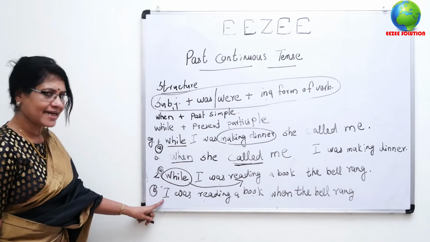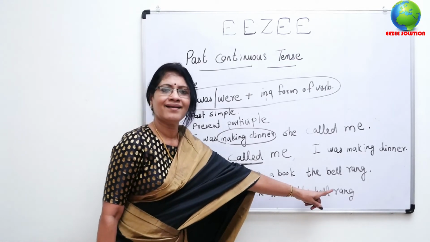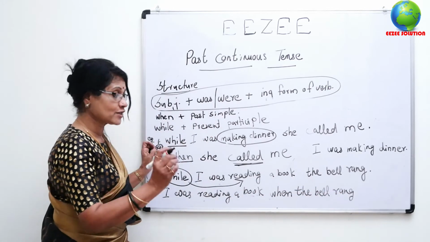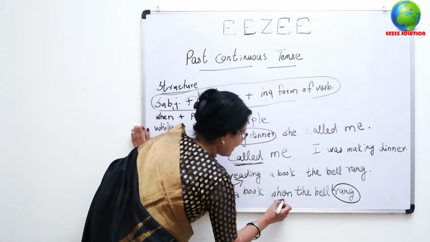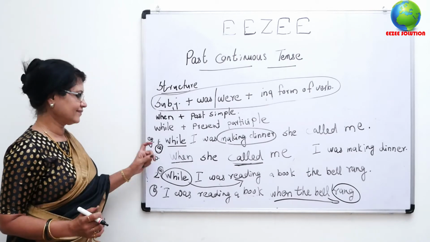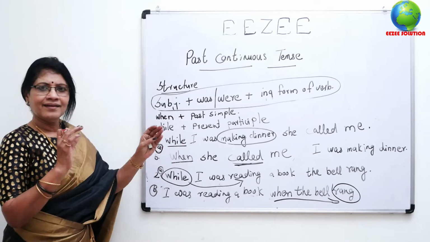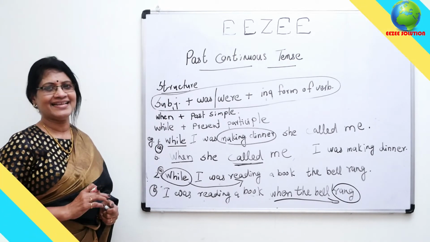See the next sentence. I was reading a book when the bell rang. When is used with the past simple, rang. Okay, so that is the rule for using when and while in past continuous tense.